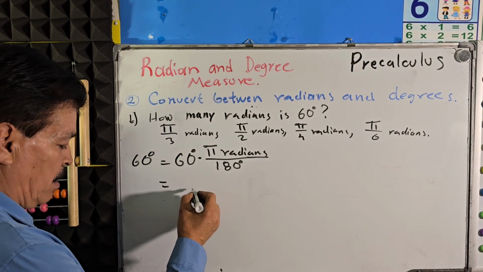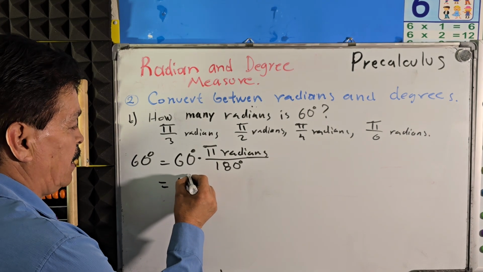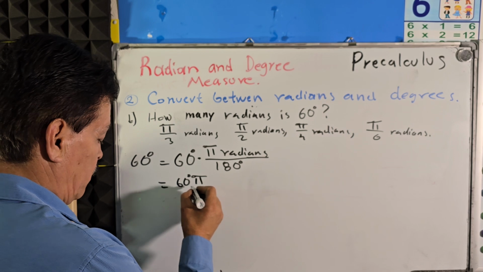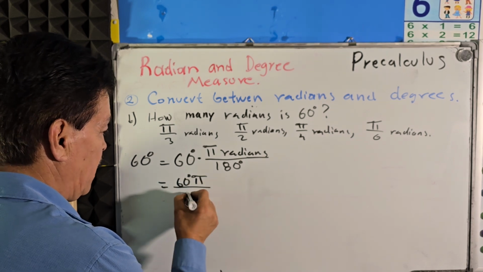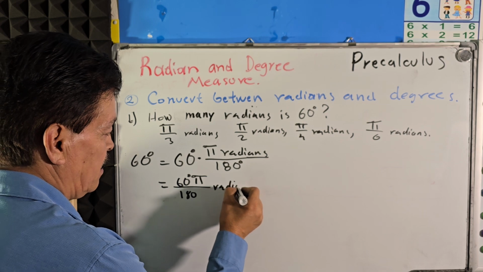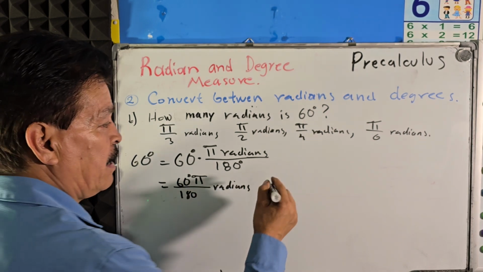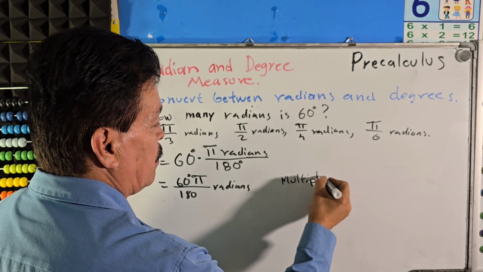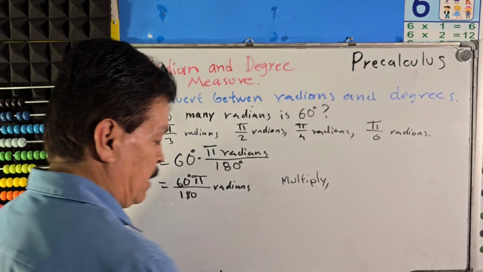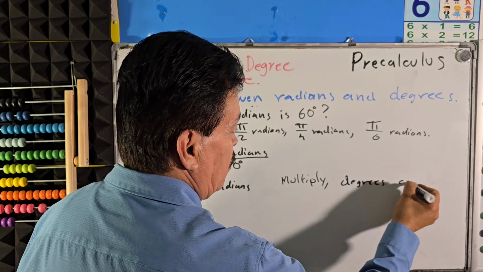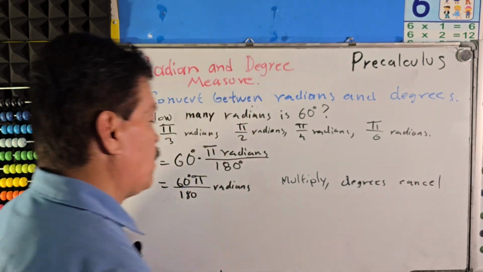This step is multiply. You will have 60 times pi divided by 180 radians. Degrees cancel. So that was a step.